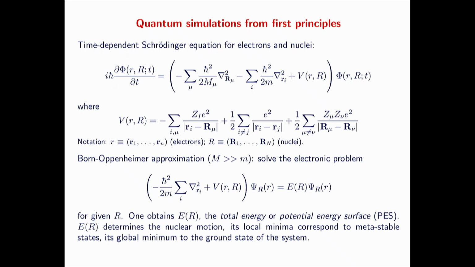So first principles, where do we start from? We start from, at least ideally, the Schrödinger equation for a system of nuclei and electrons in reciprocal interactions. And we write this quite complex problem to solve.